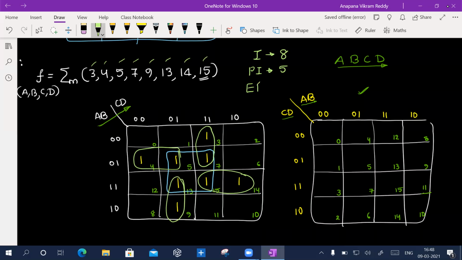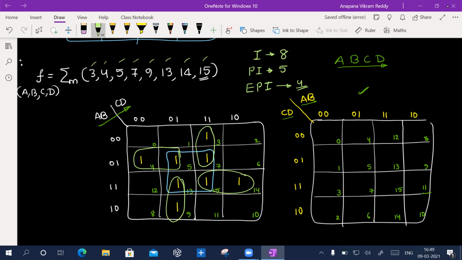And now you tell me the number of EPIs. 4, sir. Everyone is giving a quick answer. 4? Very good. 4 is correct. That means you can solve great questions then.